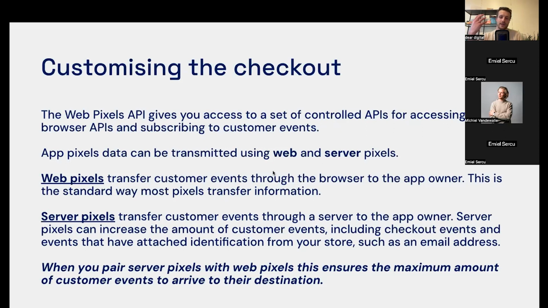So the options that Shopify provides, you can have two more or less extensions here. You can have the web pixels, and you can have the server pixels. Probably you all have heard about server-side tracking. So this is the second one, obviously. So you can actually set up a whole range of things to make sure that there are customer events that you can measure in the checkout as well with this checkout extension.